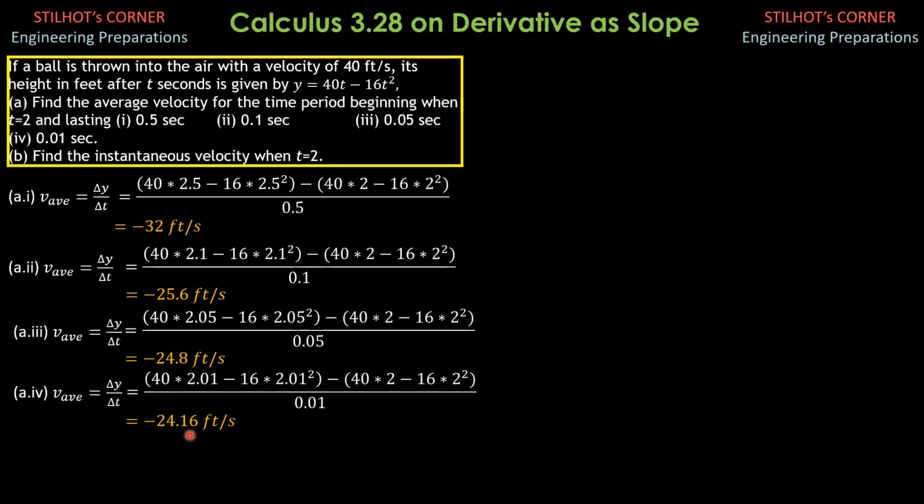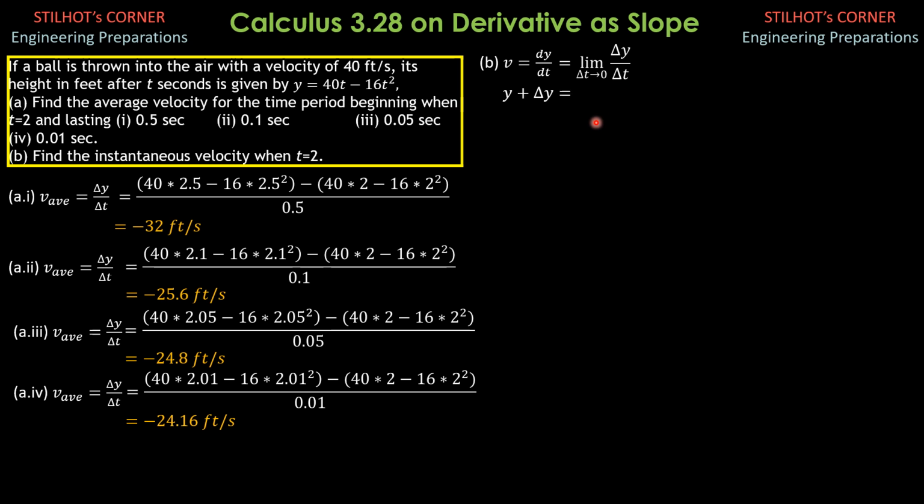So for part B, the instantaneous velocity is obtained as the value of the limit of delta y over delta t as delta t approaches 0, or simply dy/dt. So we will evaluate that as the limit of delta y over delta t as delta t approaches 0.